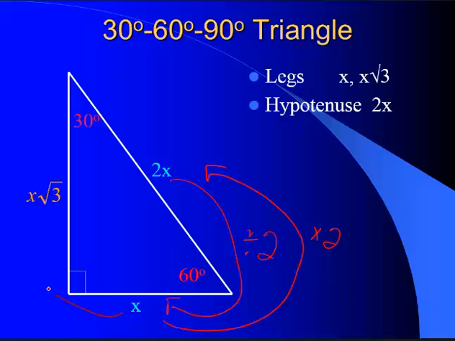Short to long, you got to ask yourself, am I going short to long? Then we're going to multiply by square root 3. Long to short, we're going to divide by square root 3. So if we need to go from hypotenuse to long leg, we're going to have to go to the short leg first. That's the way I want you guys to do it.